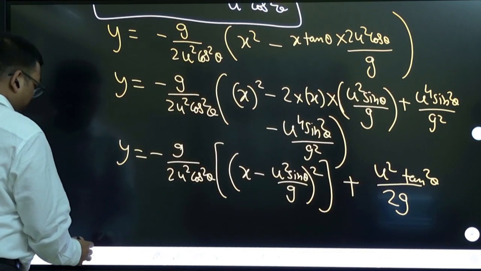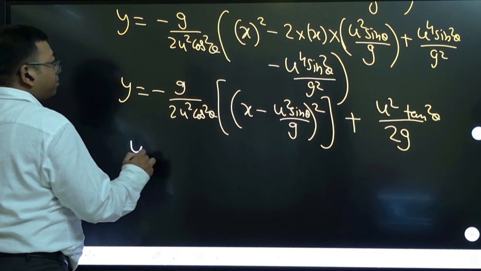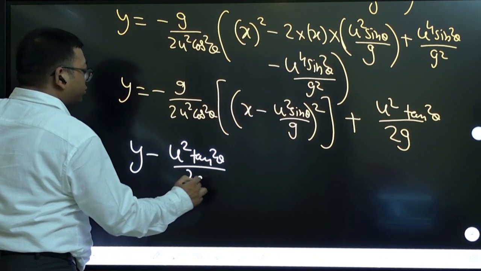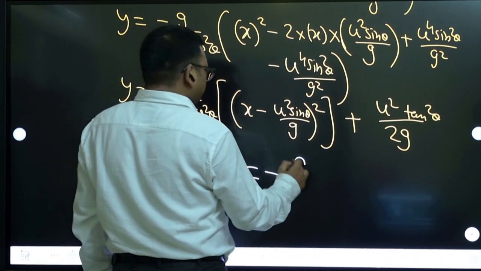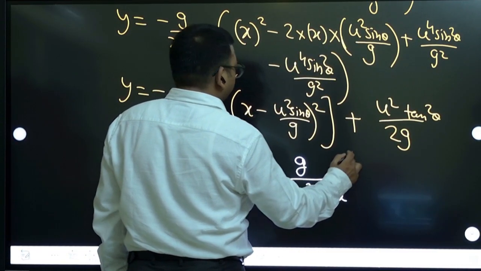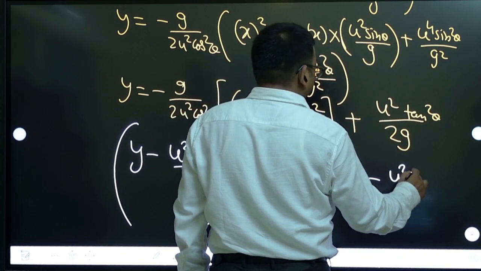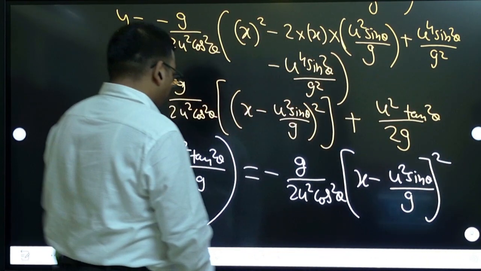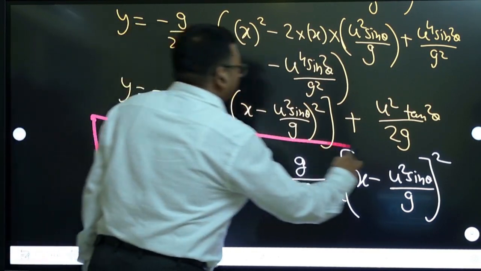Now let us bring this side. Y minus u square tan square theta by 2g is equal to minus g by 2u square cos square theta into x minus u square sin theta by g whole square. Now look at this equation carefully. Which type of equation does it look like?